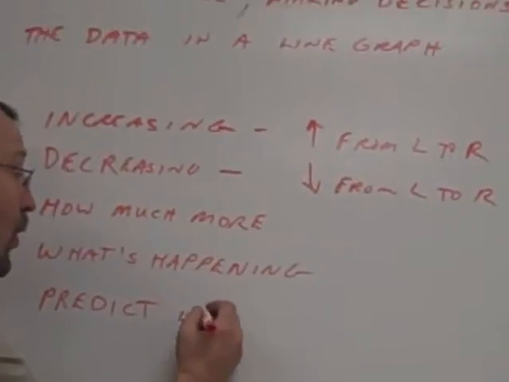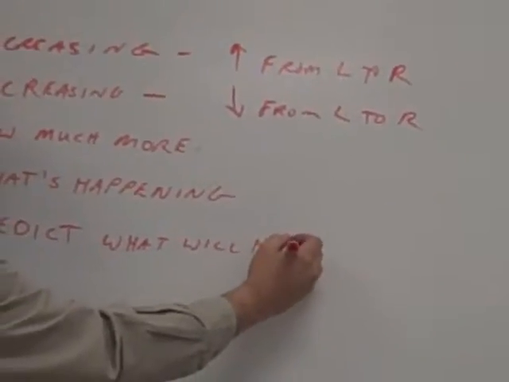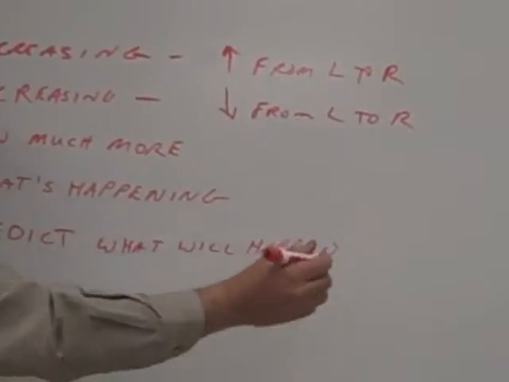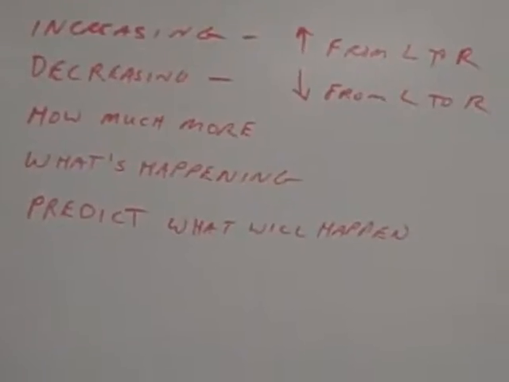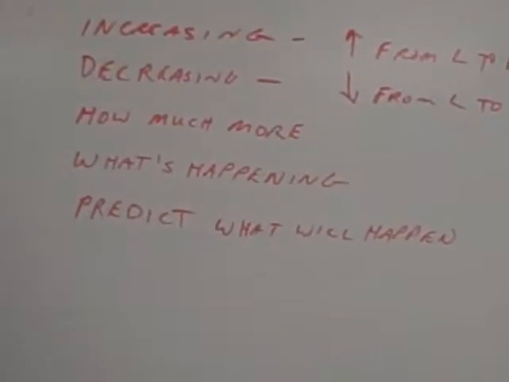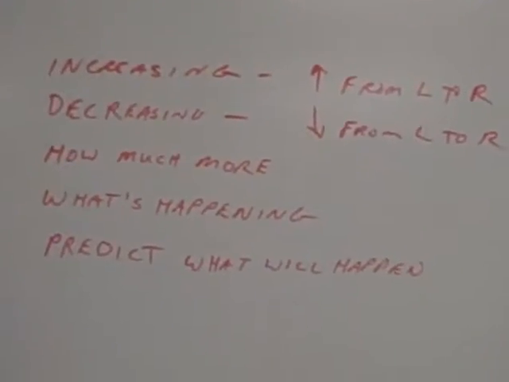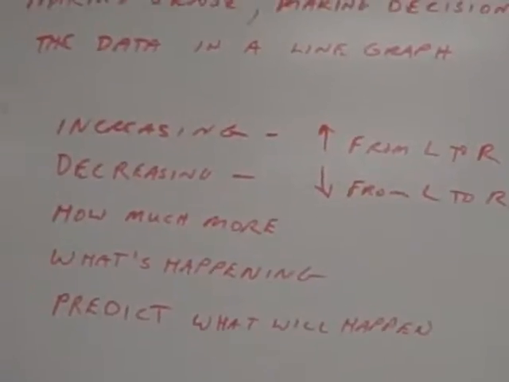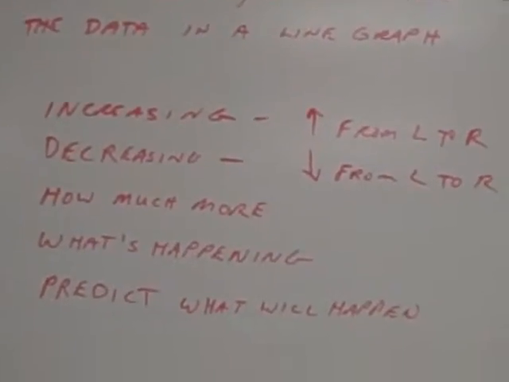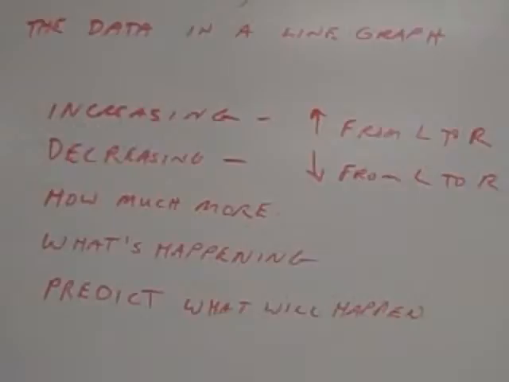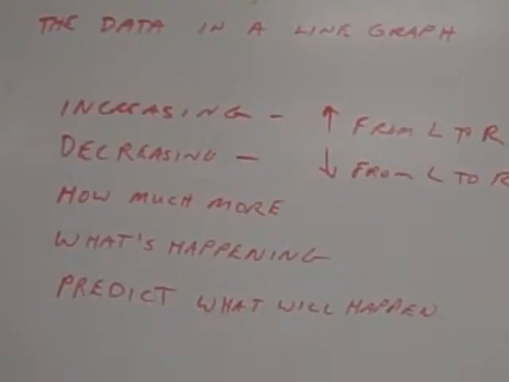predict what will happen. Now, folks, when you're told to predict something, what are you really doing? Guessing. But of course, we're going to be making educated guesses. Alrighty? We're not just going to go, oh, balloons. I made a guess, but it had nothing to do with anything we were talking about. Okay? Make an educated guess. That's predicting.